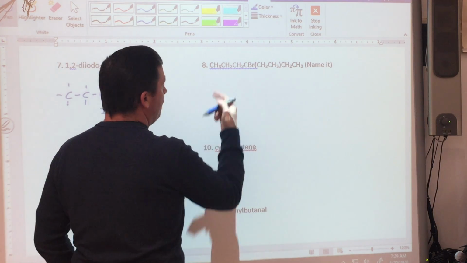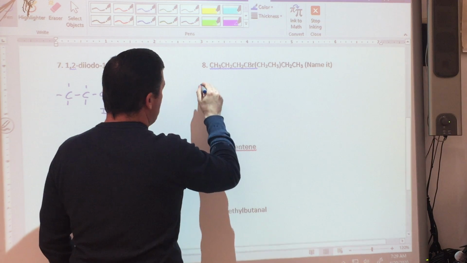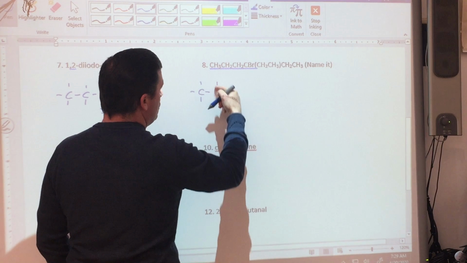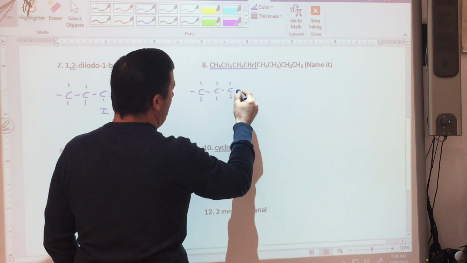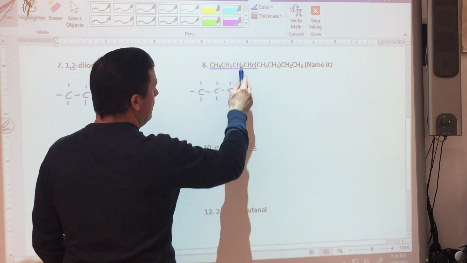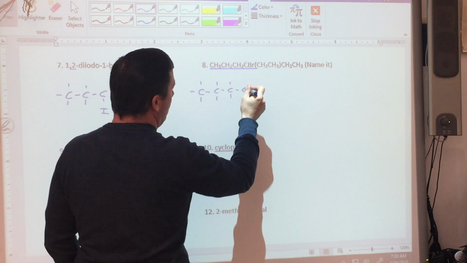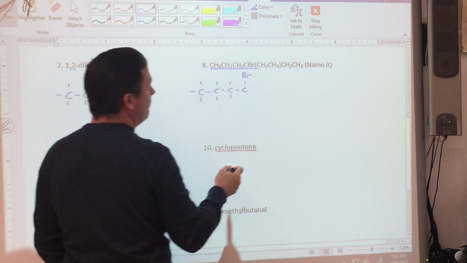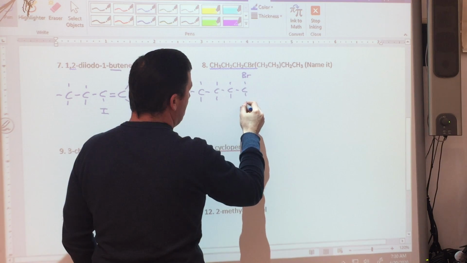Name this one. Well, I'm gonna have to draw it first. So I'm gonna start on this side, CH3, then CH2, 2 hydrogens, then another CH2, then a carbon. So I already have the 1 carbon on this side, but then it has a bromine over here. So I'm going to put the bromine there. Then in parentheses, it's got a CH2, CH3.